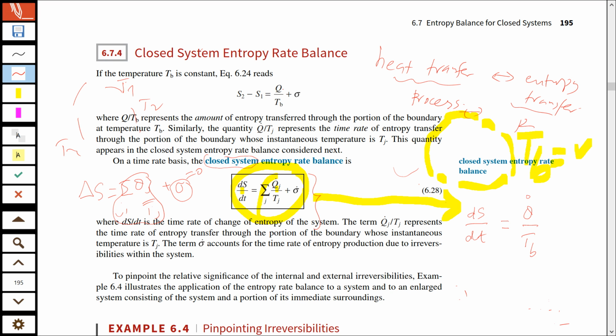But in this example, the whole boundary is just labeled as B, and there is one temperature TB, so this will be just one term, plus sigma dot.